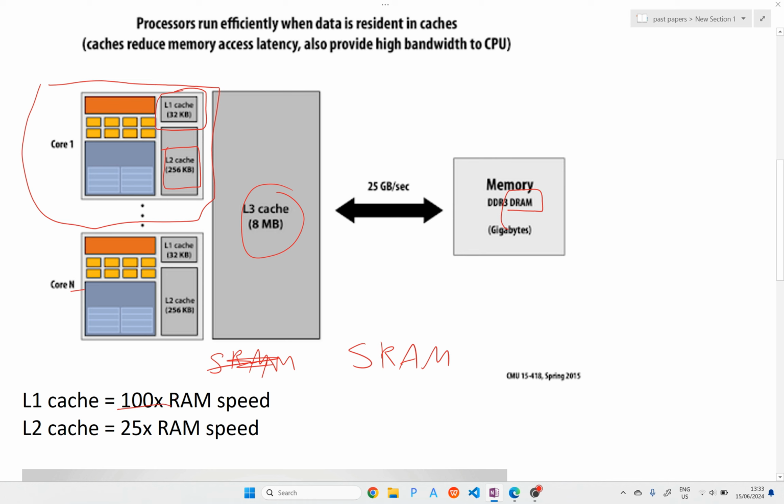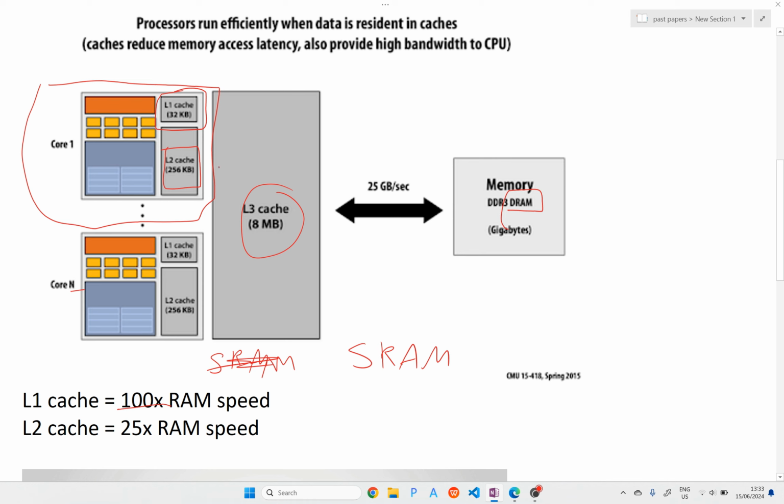So what we want to do is store these frequently used instructions and frequently used data, like maybe we have some array and we're constantly looping through it, in the cache. Because one, SRAM is just faster than DRAM, but it's also the physical distance.